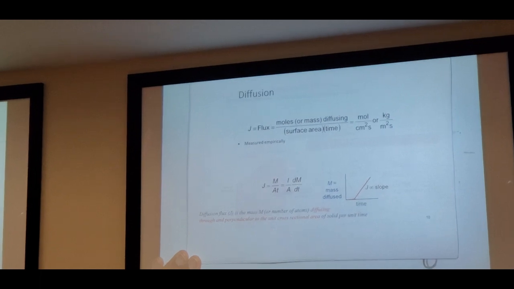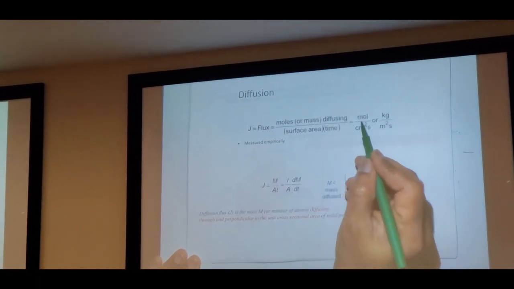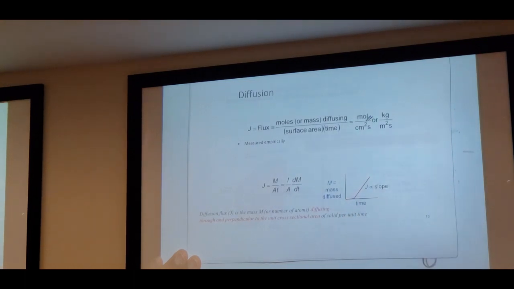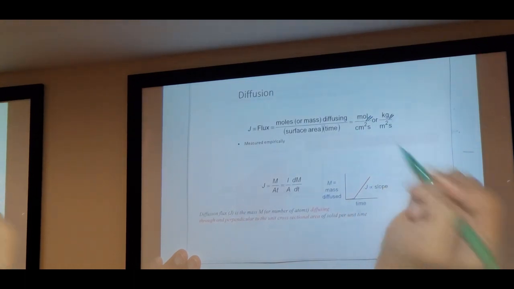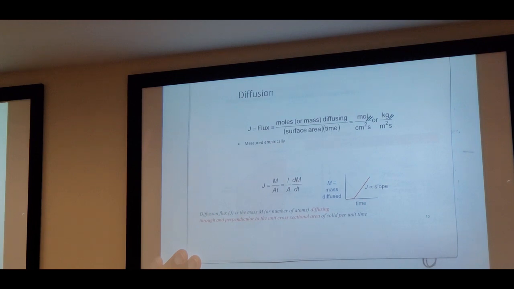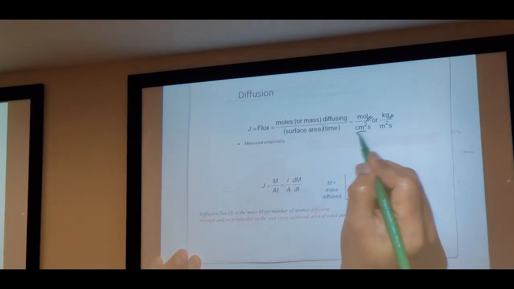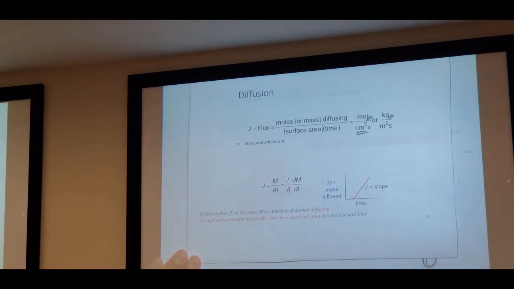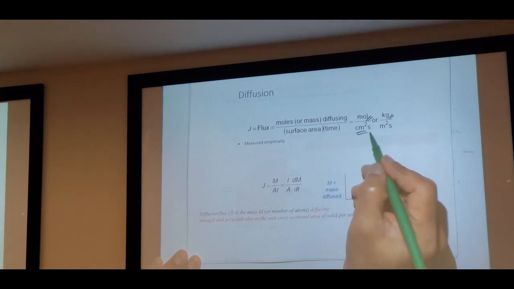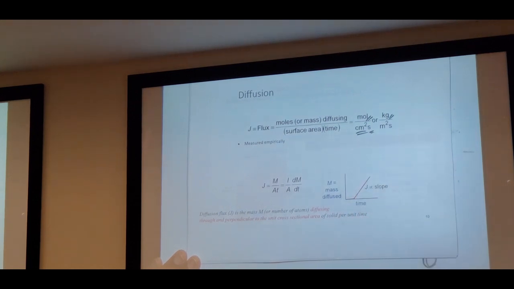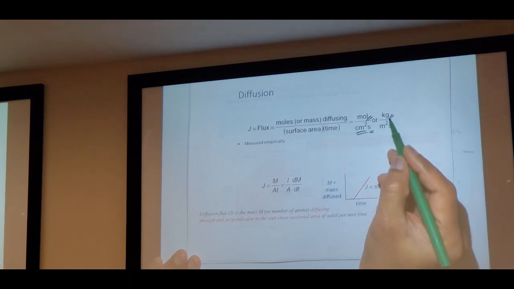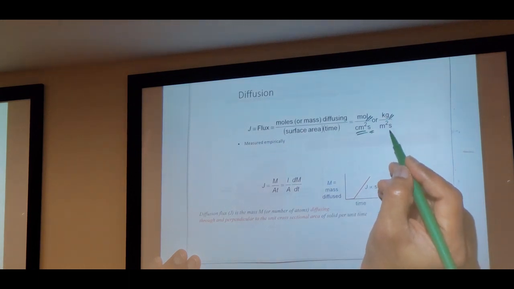Agreed? Mole is the quantity, or mass can be expressed in kilograms per unit area, in centimeter square, per unit time, or it can be kilogram per meter square second.